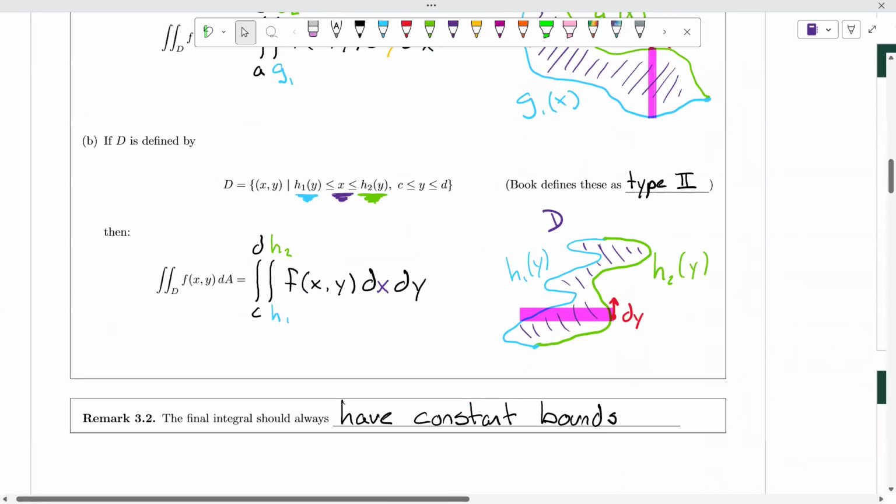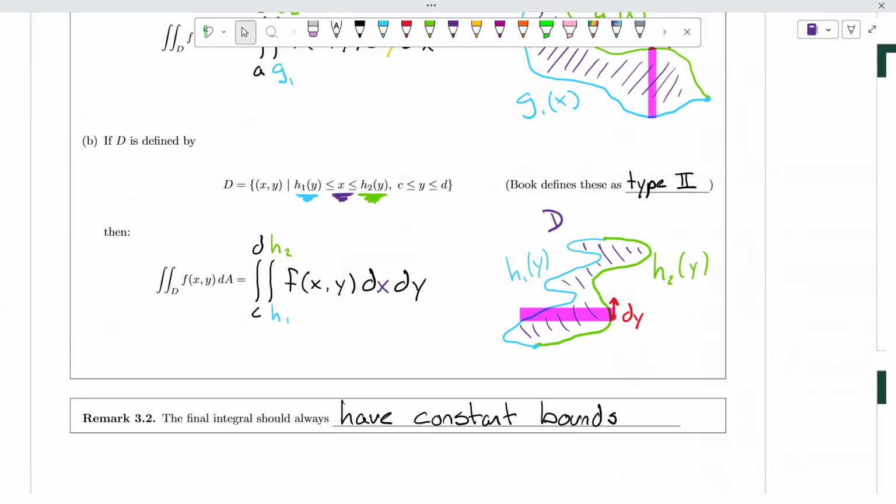So regardless of which one we do first, by the time we get to the second of the two integrals in our double integral, our limits of integration should be just constant numbers, some real numbered value. In the case that's on screen, my dy integral has bounds of c and d.